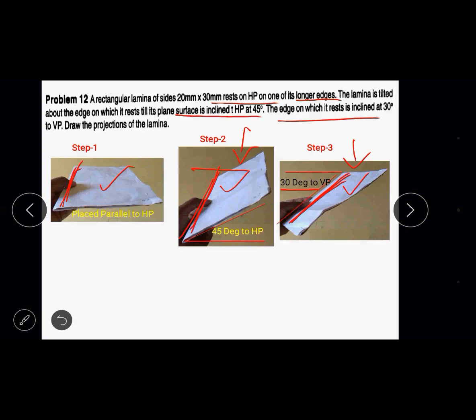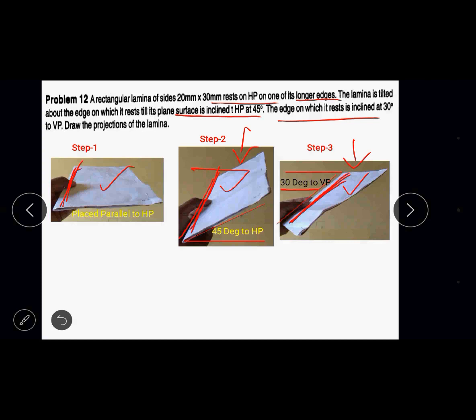As long as the lamina is placed parallel, you will get the true shape, if it maintains 0 degrees. If the lamina undergoes inclination between 0 and 90, it will not remain in true shape. It will not be a regular shape. It will be converted into an irregular shaped lamina.